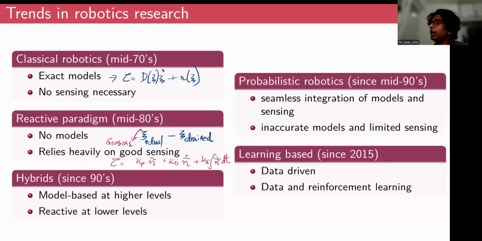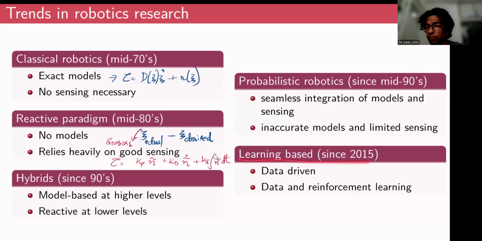In essence, that is what we do. We fuse our information from odometry, which is purely from the interior of the robot, with the information from the sensors. So that's about probabilistic robotics.